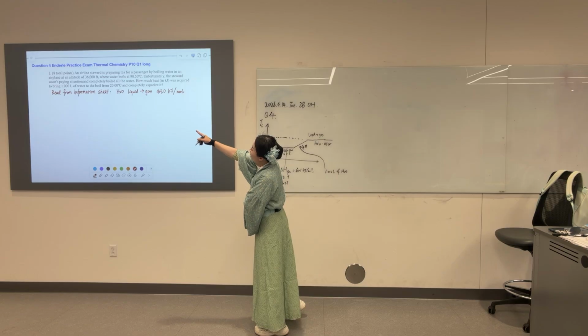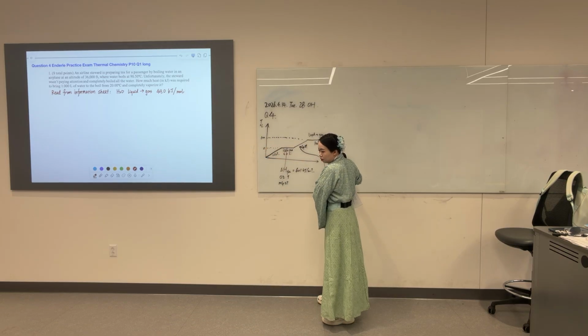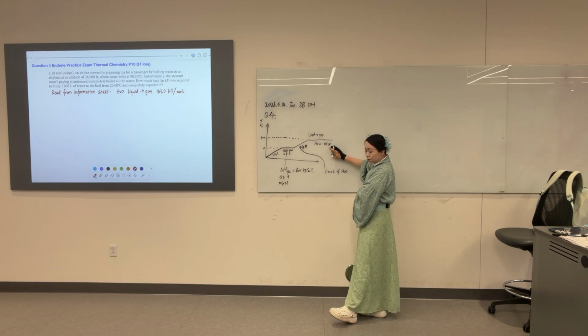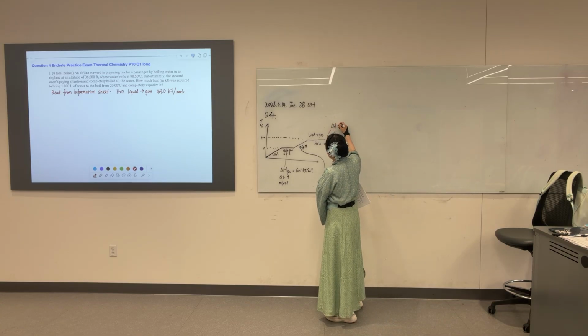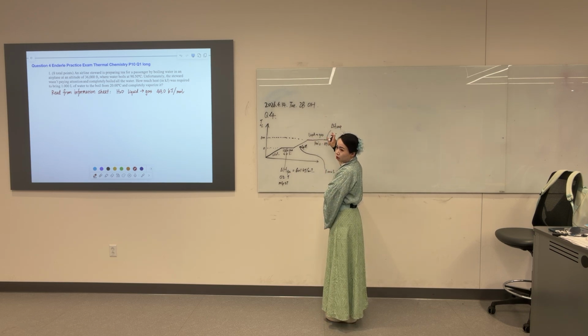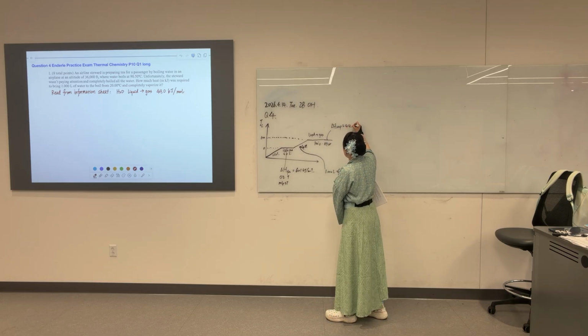She boiled all of it from liquid to gas. That's a huge amount of heat being involved, just with no temperature change. So whatever happened here will be delta H of vaporization, because liquid to gas is vaporization, right? That's 44.